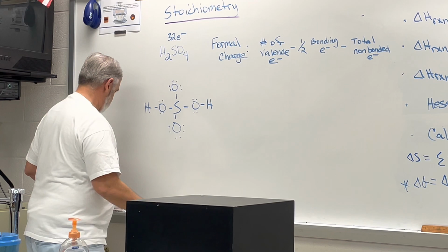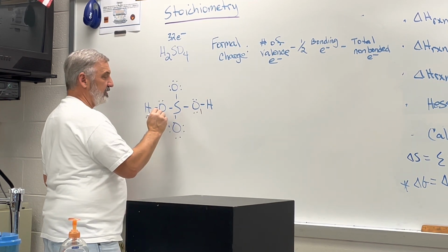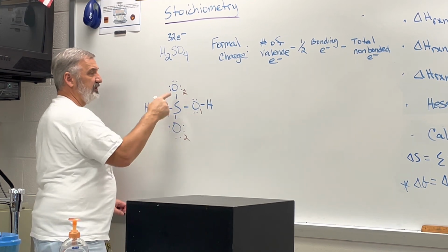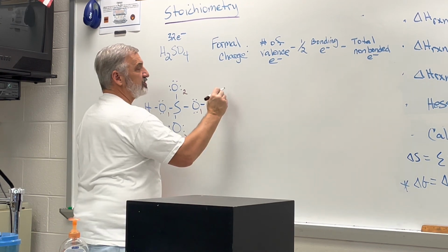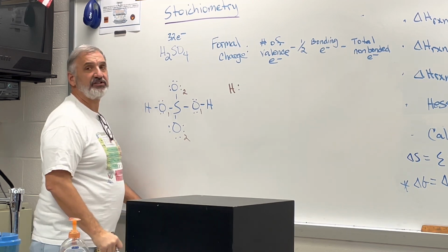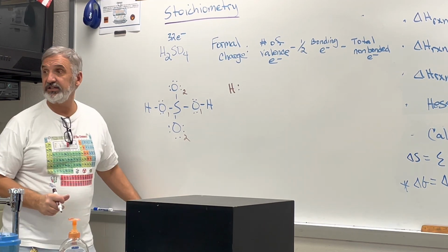So in this one, let's say this is oxygen 1, this is oxygen 2. These are both the same. So if I want to start with hydrogen, okay? How many valence electrons does hydrogen have? Hydrogen has how many valence electrons? 1.